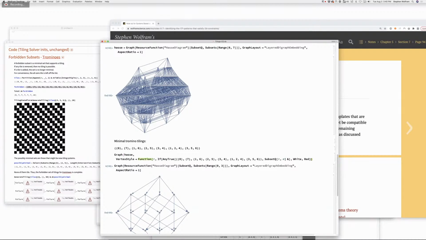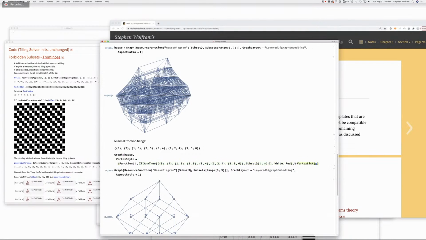Okay, so then I want this, and I want that mapped over the vertex list of G. And where do I have this wrong? That is that. And I want to close that. And let me do this.